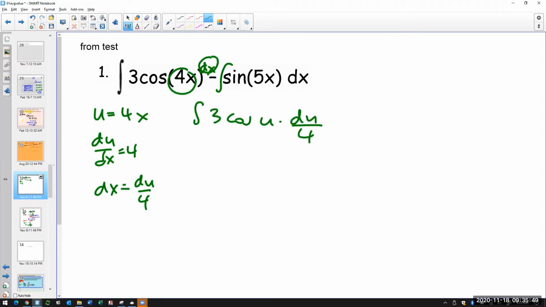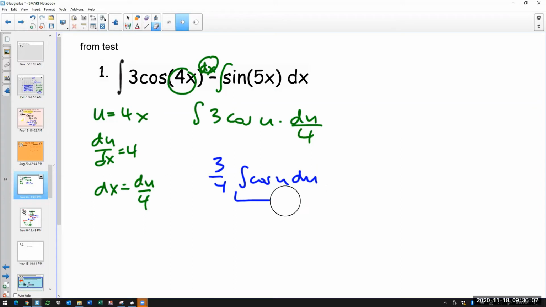Then I would pull out my scalar, so this would look like an easier problem. From here I'd say, first of all, do my x's cancel out? There are no x's, so that's great. I should only have u's. And secondly, is this an easy antiderivative, or is it something on my formula sheet? It's something on my formula sheet.